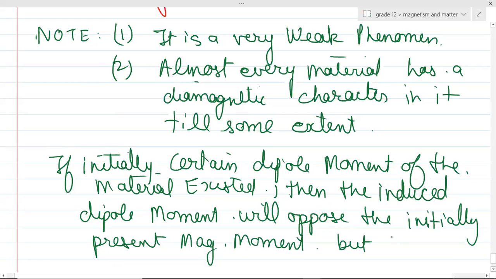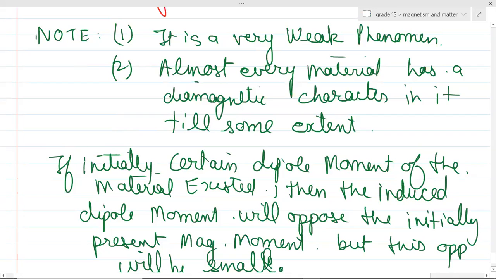But this opposition will be small. याद रखना है ना? So diamagnetism is a very weak phenomenon. Don't overstress on it, है ना? ज़्यादा दिक्कत नहीं है. So this is all about diamagnetism.